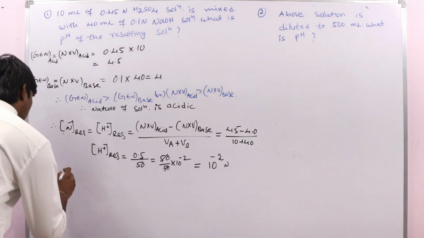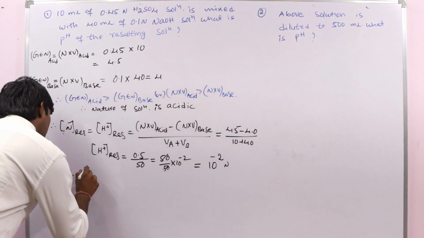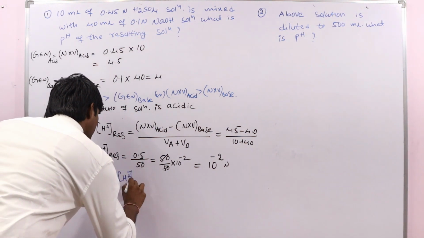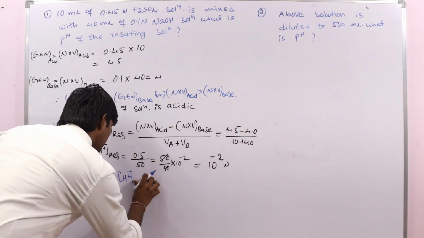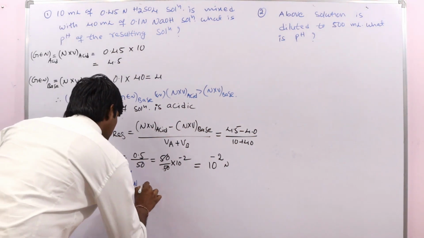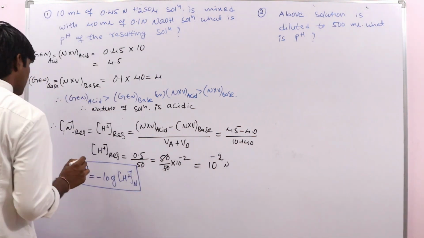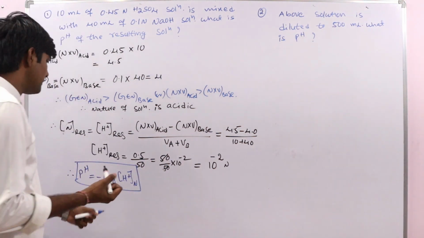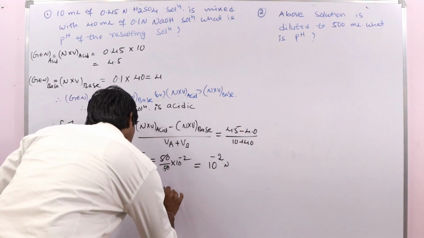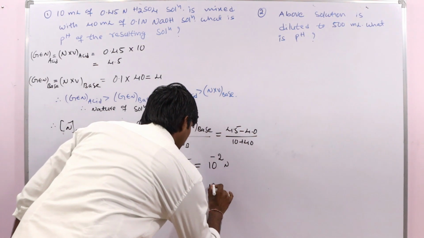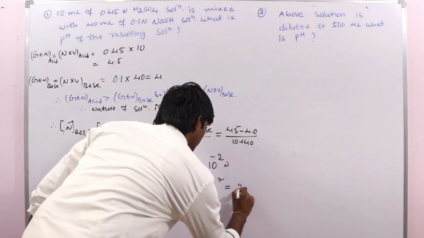Now what is the formula to calculate pH? pH is equal to minus log of H plus ion concentration. This is the formula we use to calculate pH. Now if you substitute here, pH is equal to minus log 10 power minus 2, which is equal to 2.